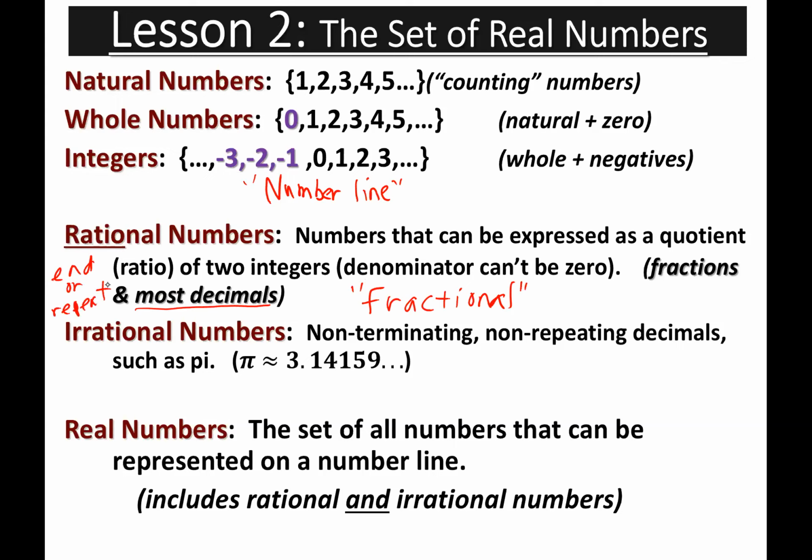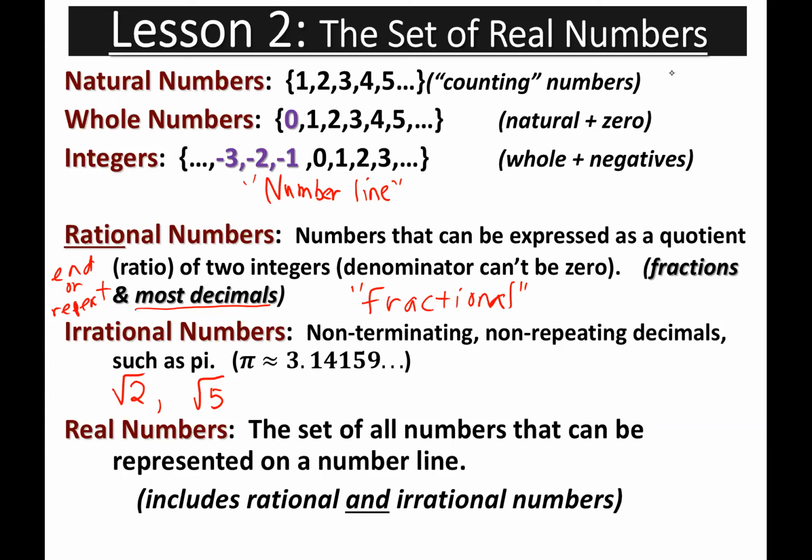Those are rational numbers. If they don't end and don't repeat, that's when they are irrational numbers. So pi was an example of an irrational number. It's a never-ending, non-terminating, and non-repeating decimal. Other examples include square roots that don't simplify, such as the square root of 2, square root of 5, etc.